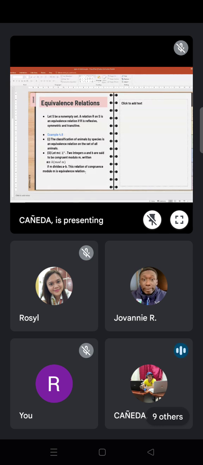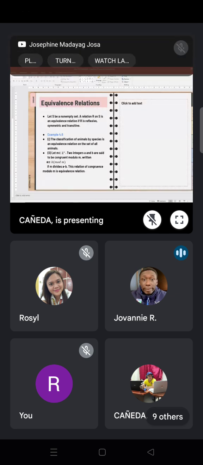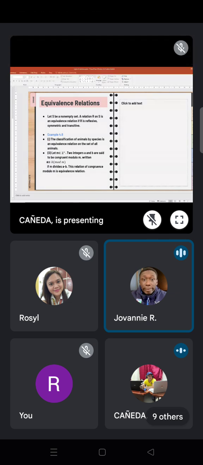So we have examples. I will give you an example, Mr. Kanyeda, so you can understand this equivalence relation. A is related to B if and only if 2 divides A minus B. For example, 3 is related to 5 because 2 divides 3 minus 5.